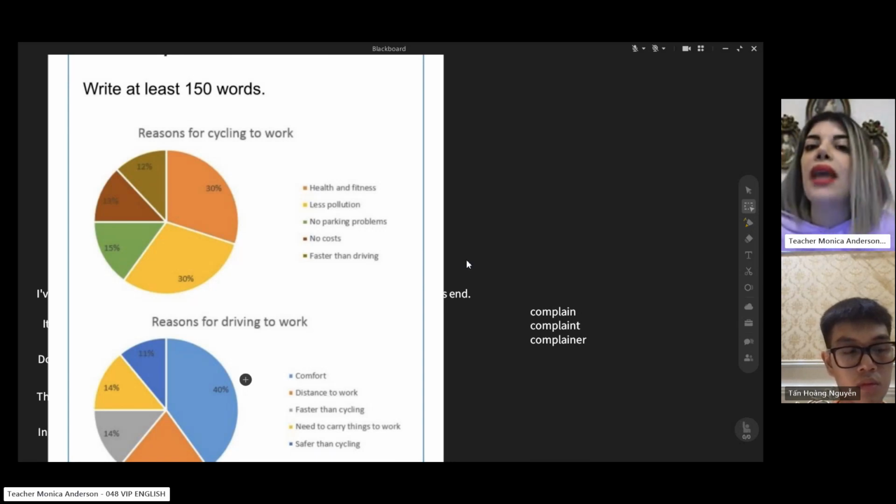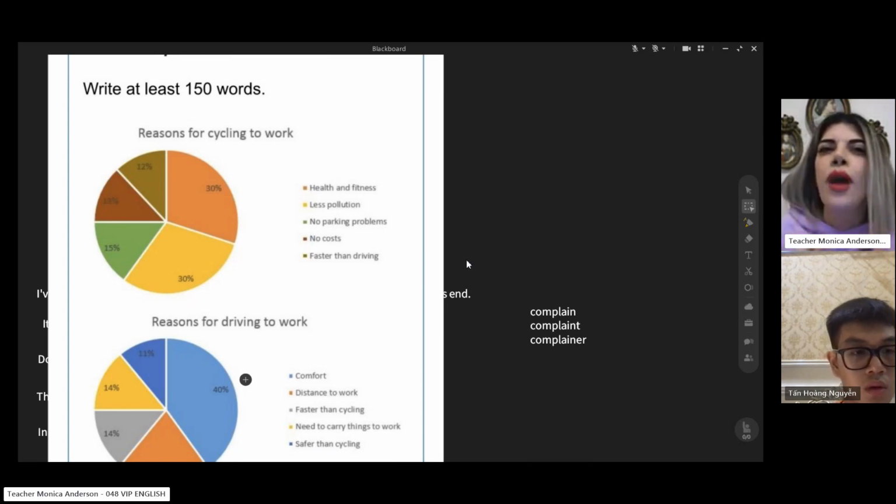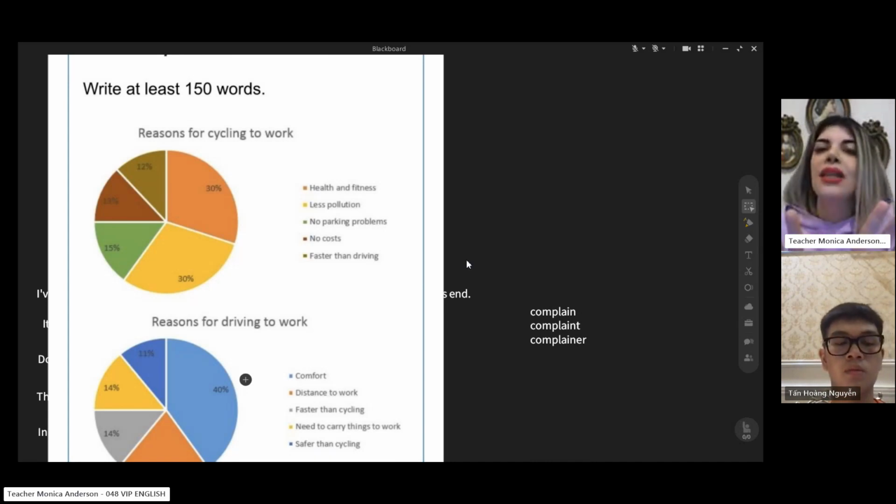The details come later in the essay, in main body 1 and main body 2. So we don't have any detail in overview. If you want to make any clear comparison, you can make it, but in general, not detailed.